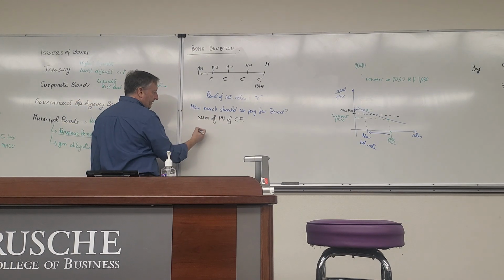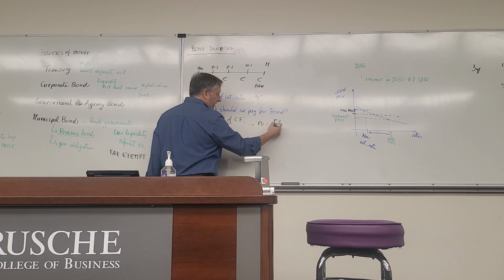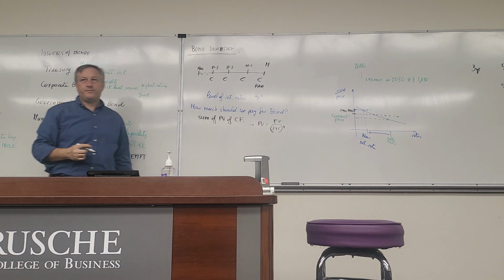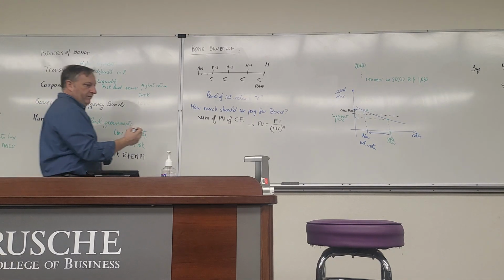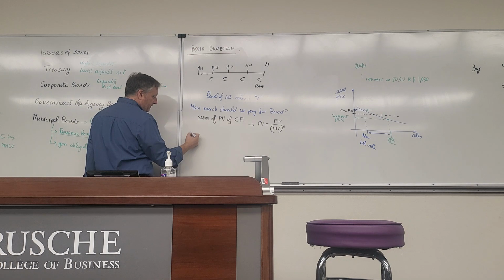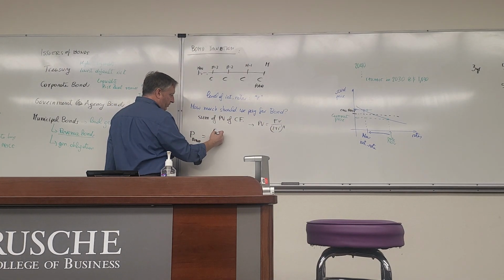So mathematically, the way you calculate present value is future value divided by 1 plus the interest rate to the power of the number of periods. Apply that to the specific instance. So you have that the value of the bond is equal to, you take the next coupon, compute its present value.